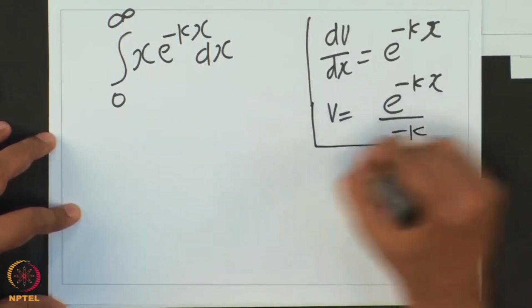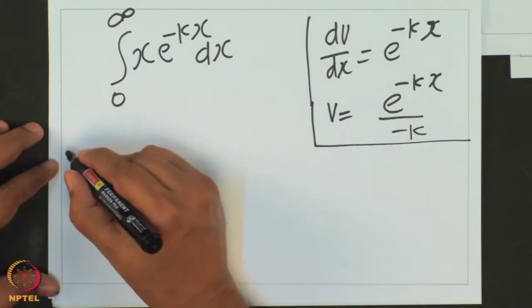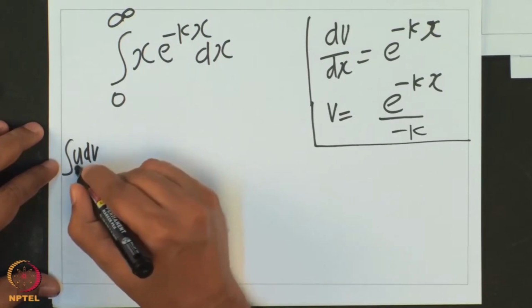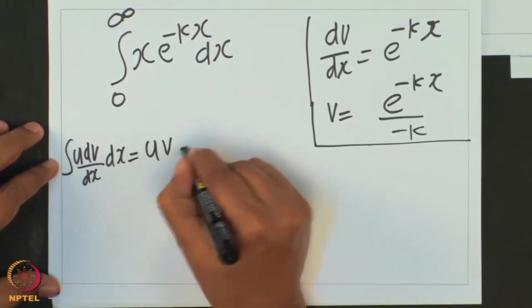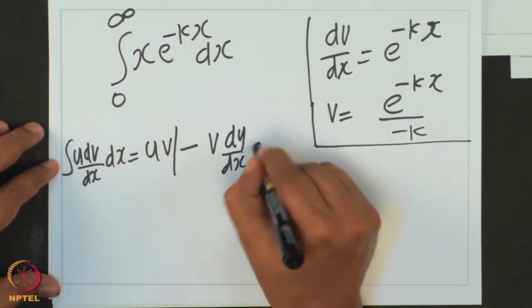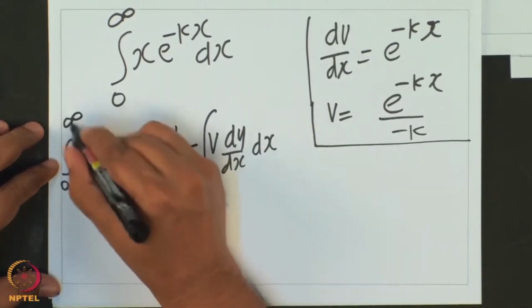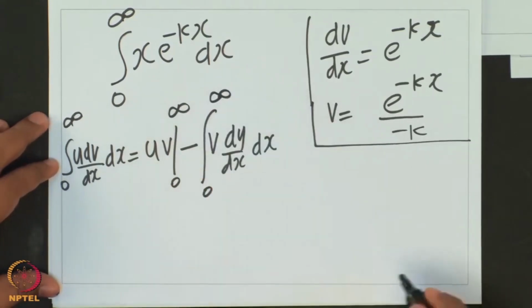That is my v. And the integral of this is the integral of u dv by dx dx, which is uv in the limit minus the integral of v du by dx dx. The integral limit here is 0 to infinity. These are the limits that we have.